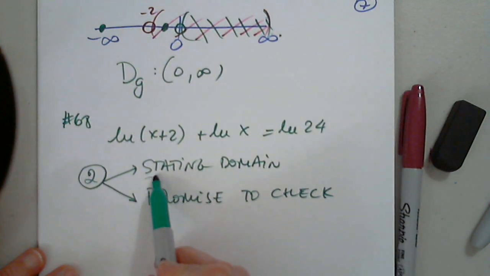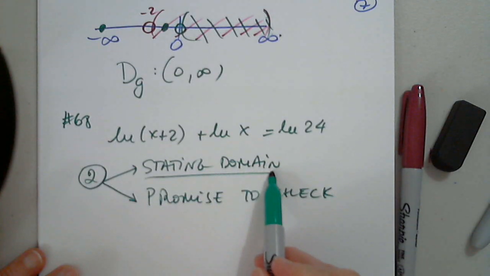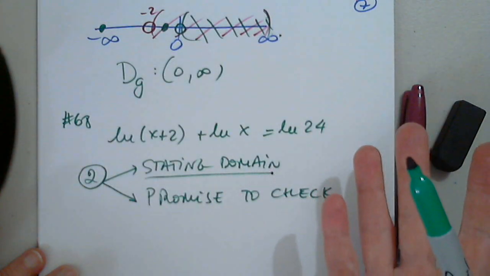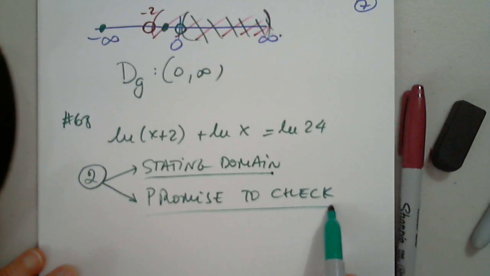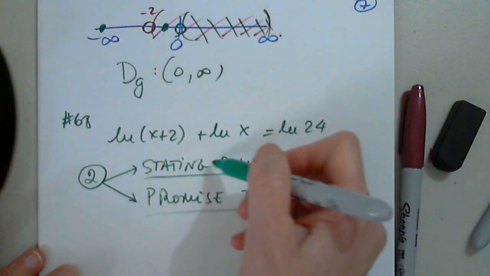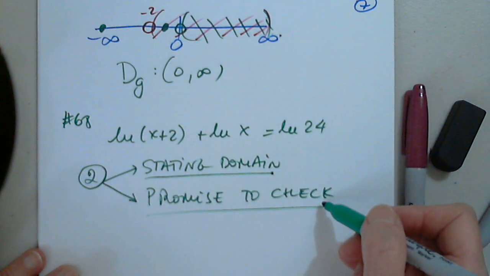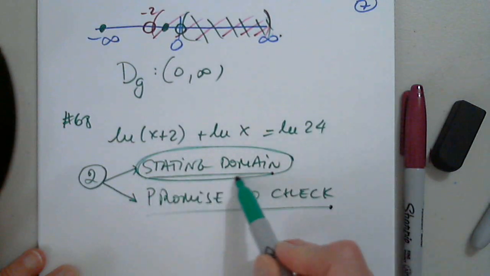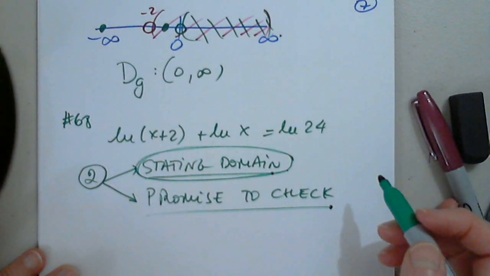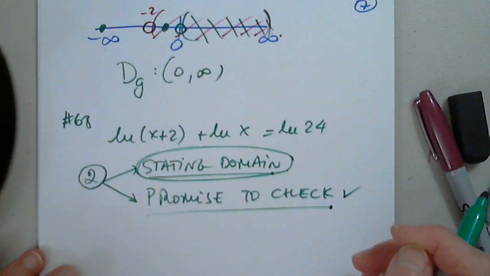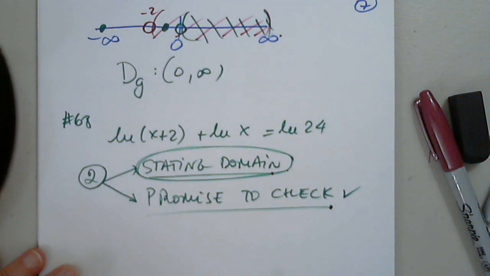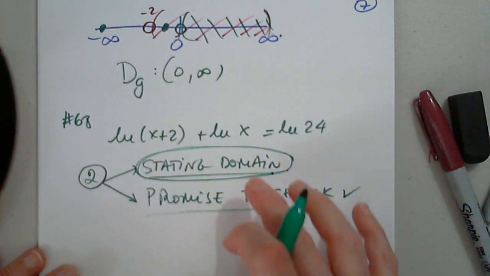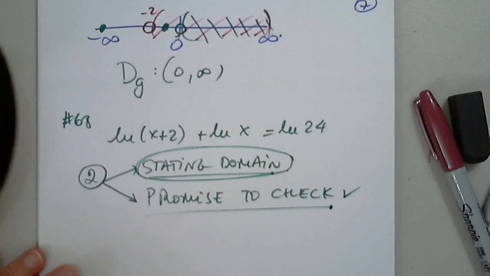You have to either state the domain, and of course use it, or promise to check whatever you get. For one problem, you can use this method. For another problem, you can use this method. It's up to you. I will use this one. Why? I'm lazy. I don't like checking. I like to state the domain. I may forget to check, but if I state the domain, I will not forget.